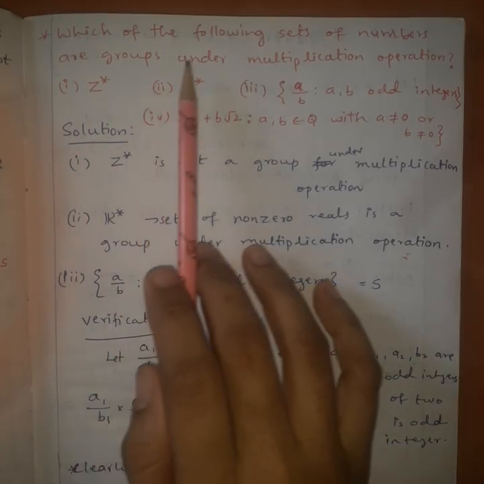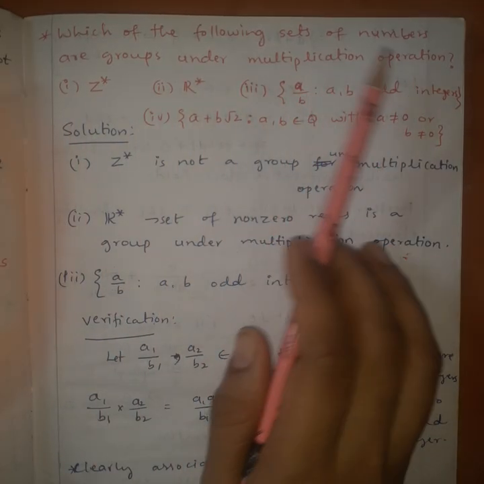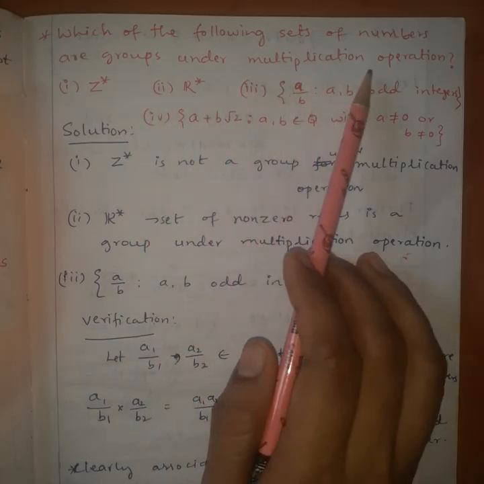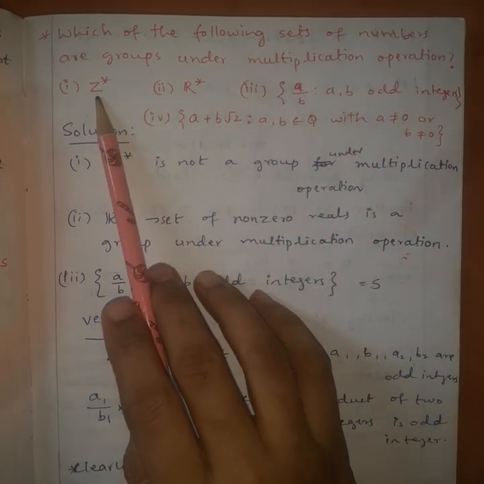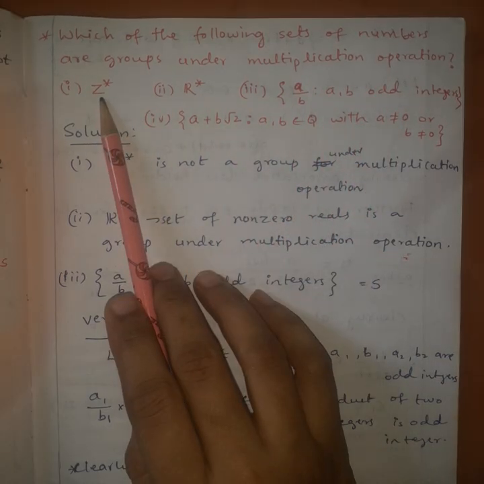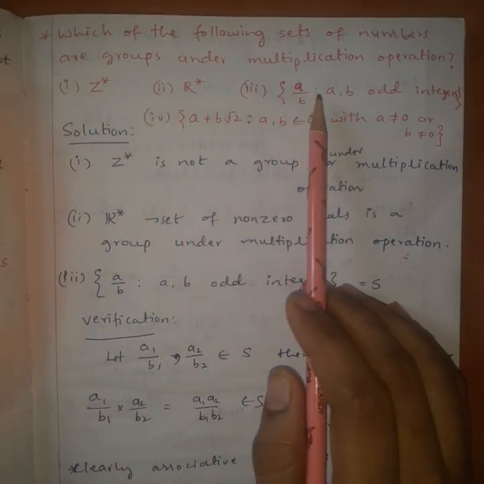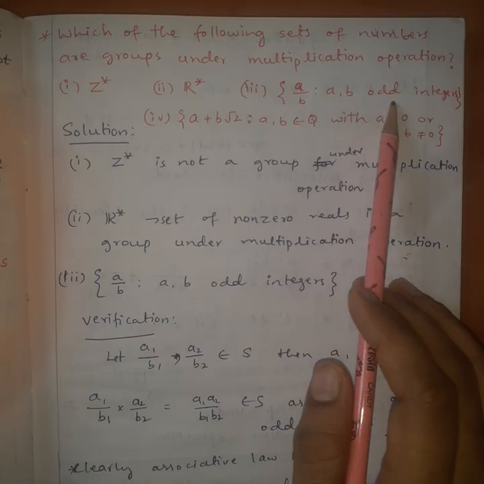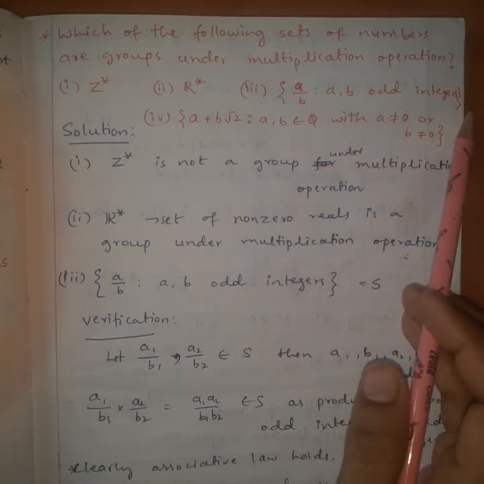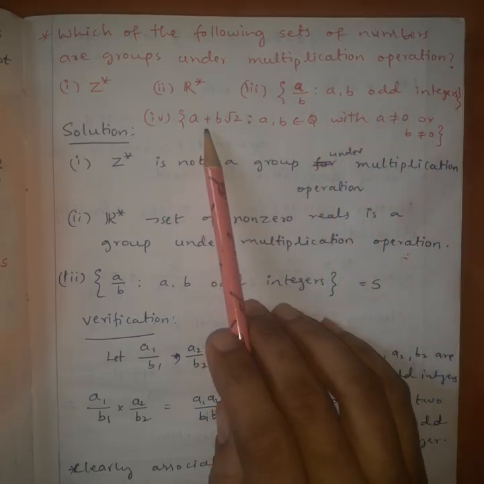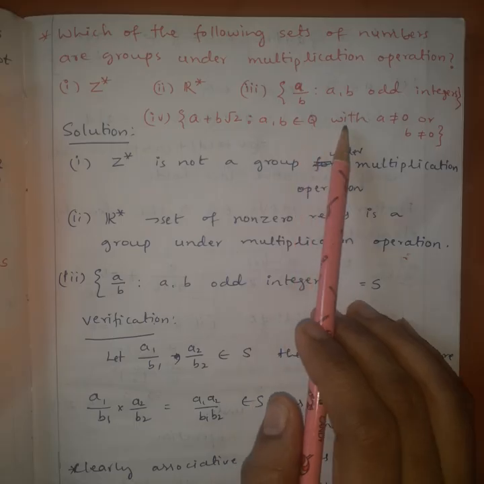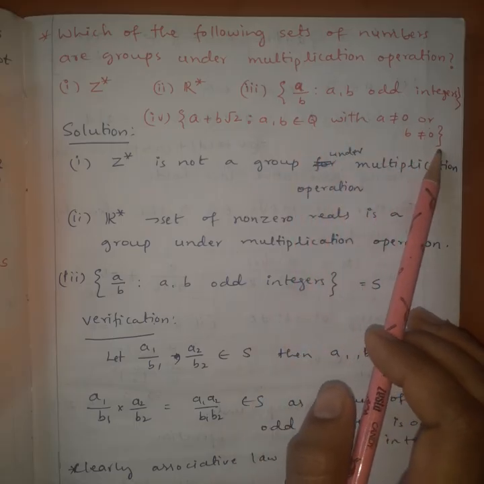Next question, which of the following sets of numbers are groups under the multiplication operation? Set of non-zero integers, set of non-zero real numbers, set of all a by b where a and b are both odd integers, and set of all numbers of the form a plus b root 2, where a, b belong to Q with a not equal to 0 or b not equal to 0.